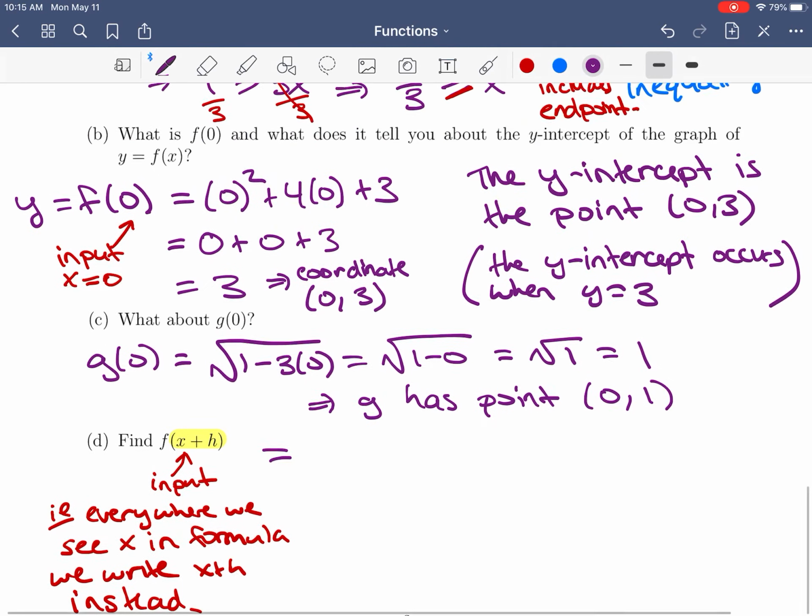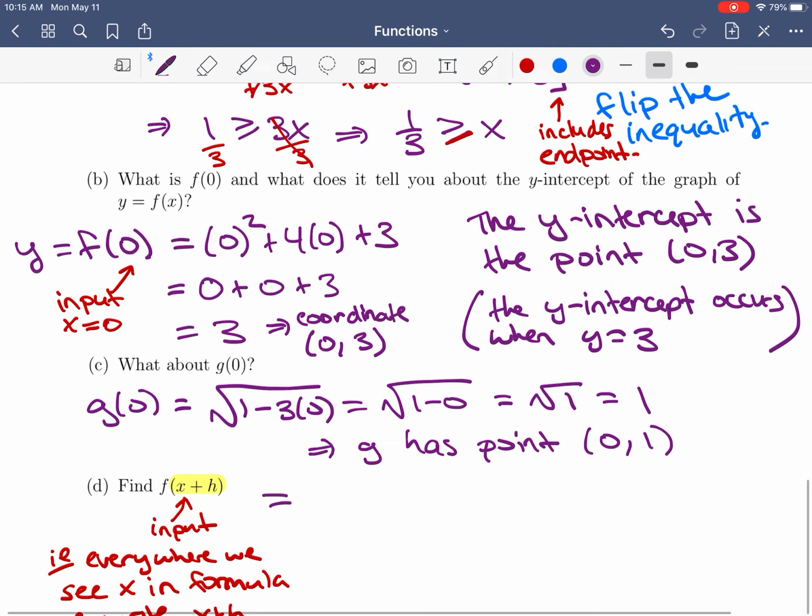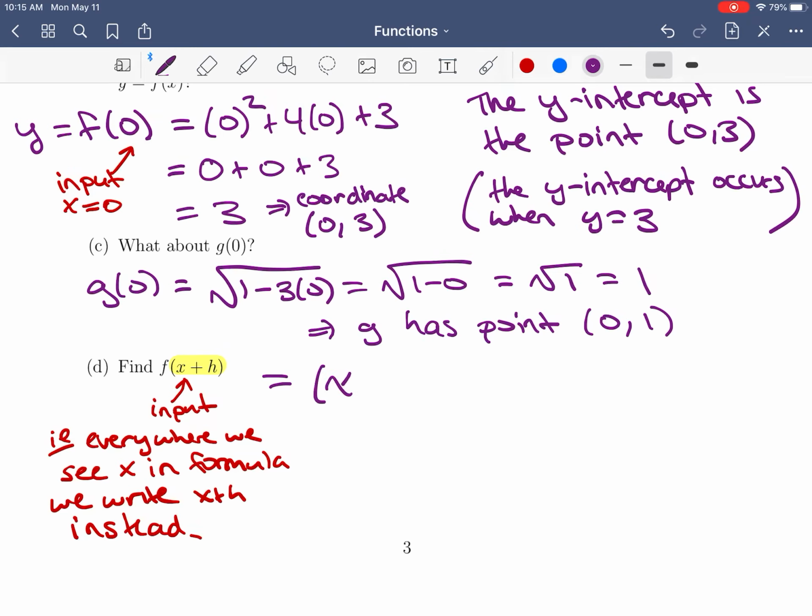Okay, so this is going to be, now I have to remember the formula, so x squared plus 4x plus 3. So instead of x, I have x plus h, all squared, plus 4, now instead of x, I have x plus h, and then plus 3. Okay, so these replace x. So notice that if I took out this yellow bit and just wrote x, I have the exact same equation.